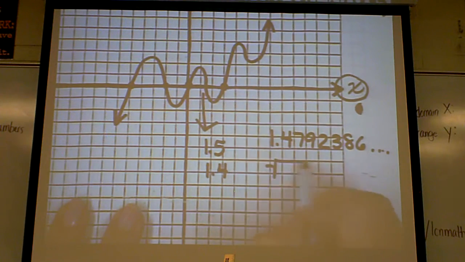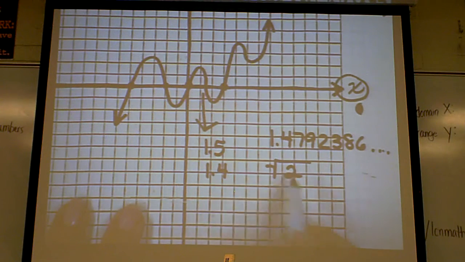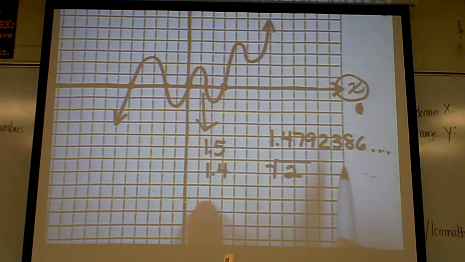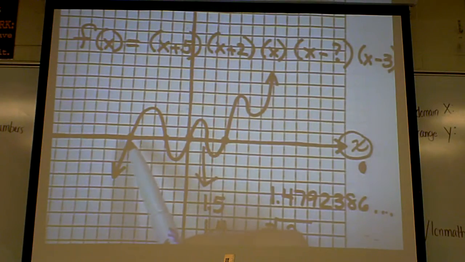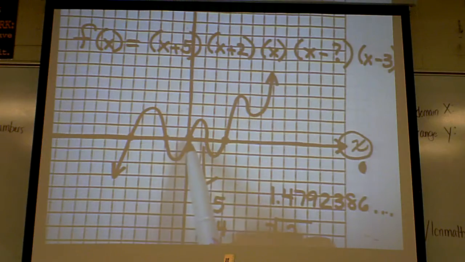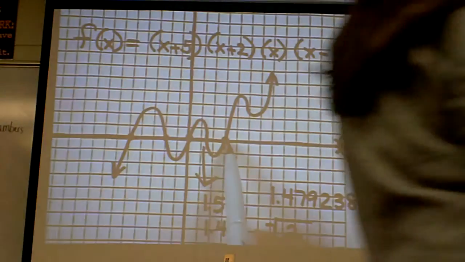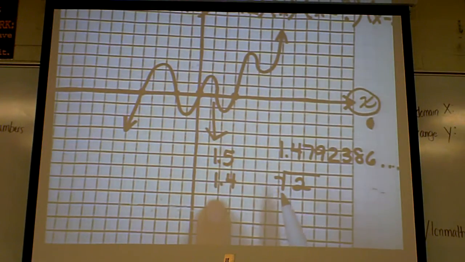It could be the square root of 2. What are these kinds of numbers? What's the difference between these zeros, like -5, -2, 0, and 3, versus these types of answers?